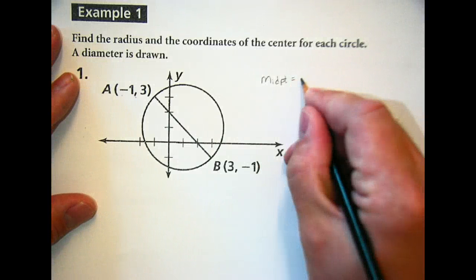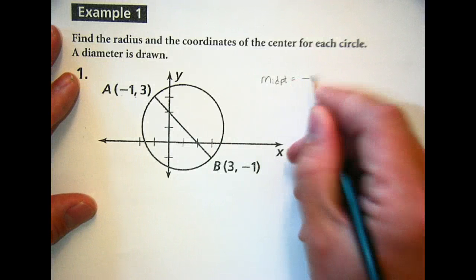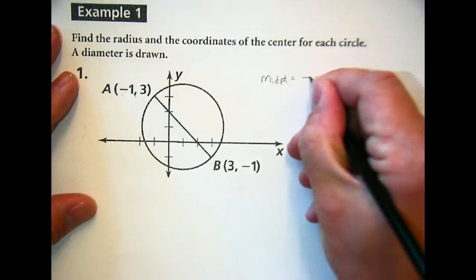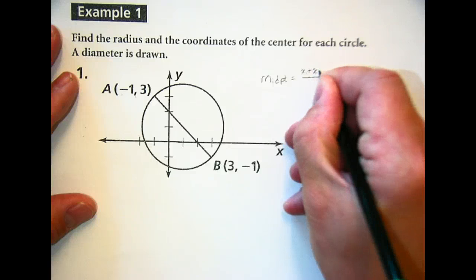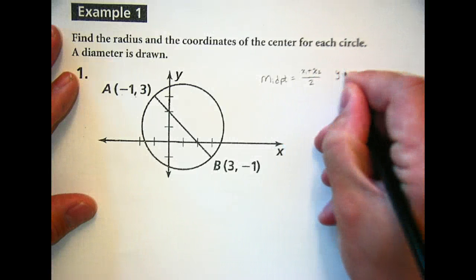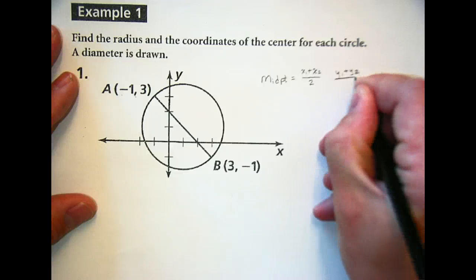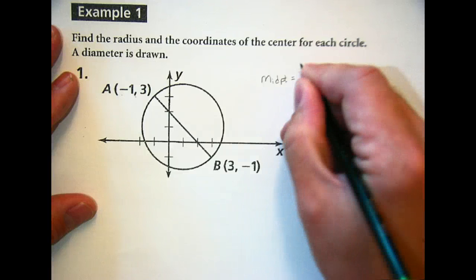If I use the midpoint formula, remember that in midpoint we just add our x values up and divide by 2. So it would be (x1 plus x2) divided in half, and then (y1 plus y2) divided in half. Okay, and that's a coordinate.